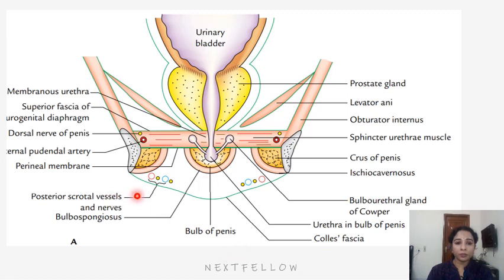And the branches of the internal pudendal arteries, which are called posterior scrotal vessels, and posterior scrotal nerves, which are branches of the pudendal nerves, and also the perineal artery and dorsal artery of penis are contents, and the perineal nerve and dorsal nerve of the penis are contents of the superficial perineal pouch.